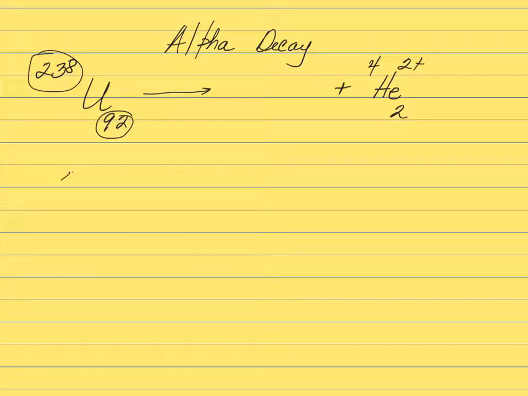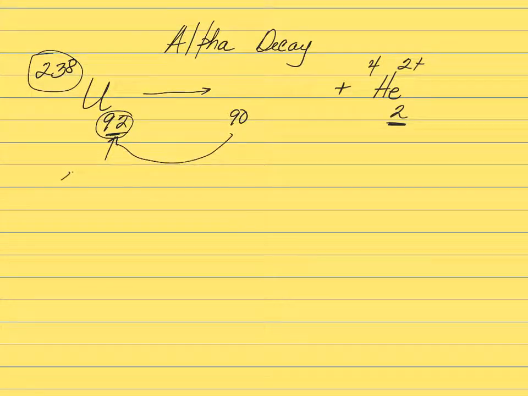Meaning that now I don't have 2 protons in my nucleus. The atomic number is going to be reduced by 2, because together with the neutrons that were leaving the atom, 2 protons were leaving the nucleus too.